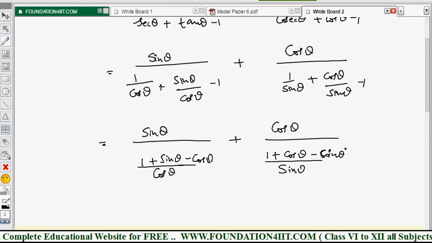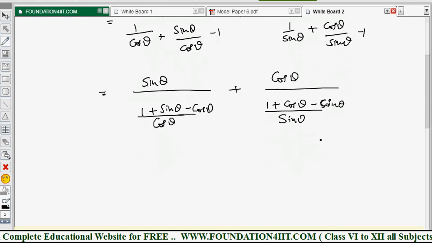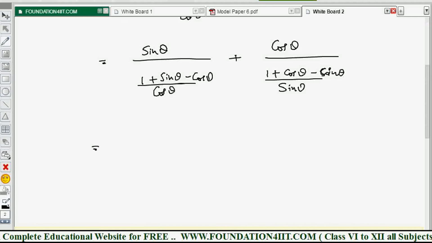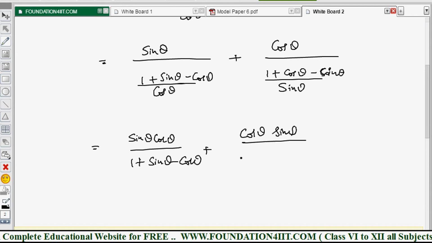Then take this denominator fraction to its reciprocal. Then that becomes sin theta into cos theta by 1 plus sin theta minus cos theta. Here also the same, cos theta, the denominator is sin theta, by again 1 plus cos theta minus sin theta.